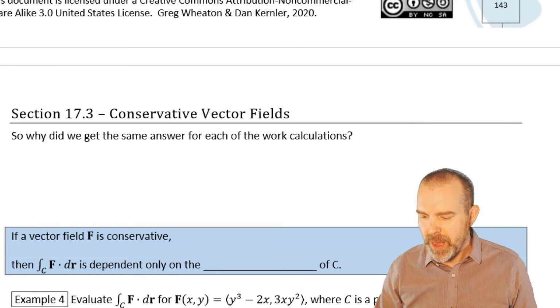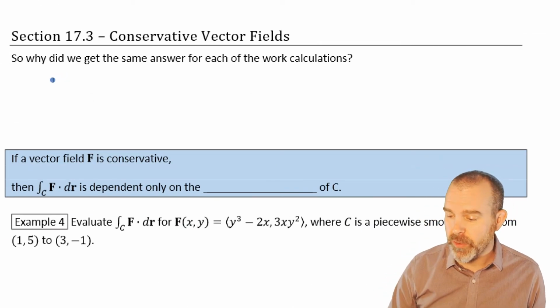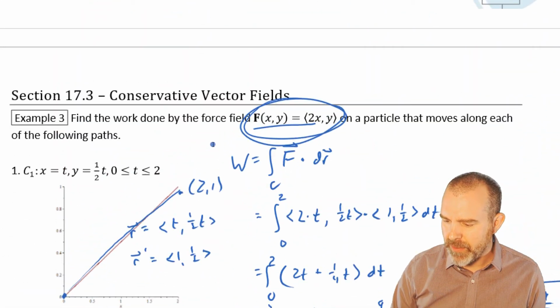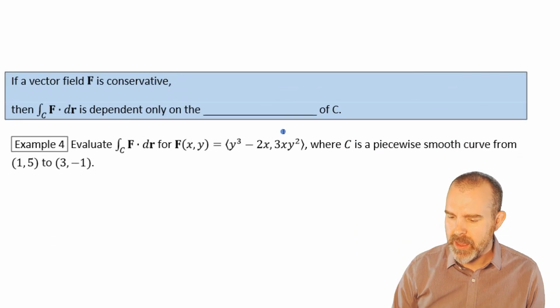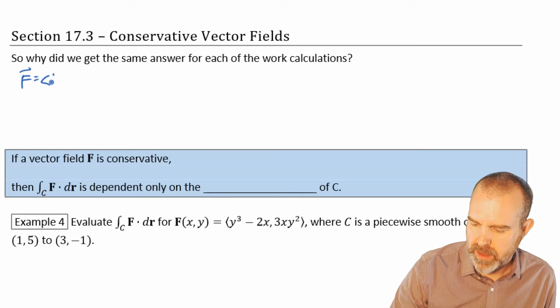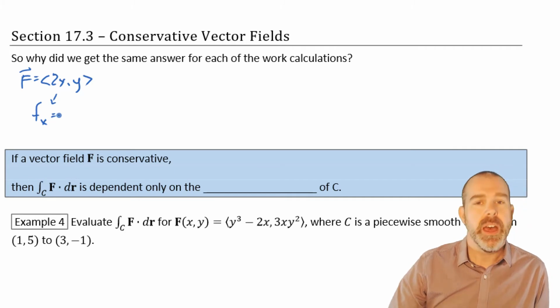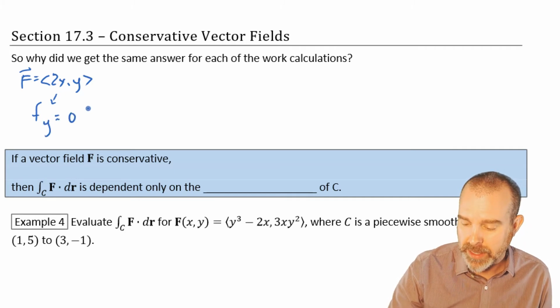Okay, so that's super helpful. So why did we get the same answer for each of the work calculations? Let's check back there. You'll see we have the field 2x comma y. Well, if we take the partial derivative of that f, the x component there, with respect to y, the cross one, that's 0.